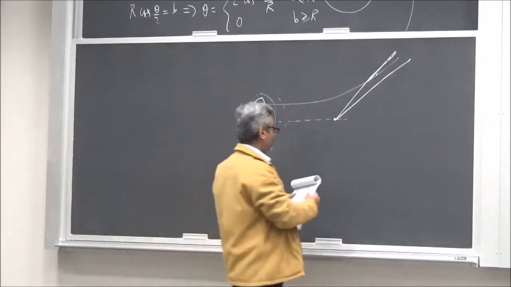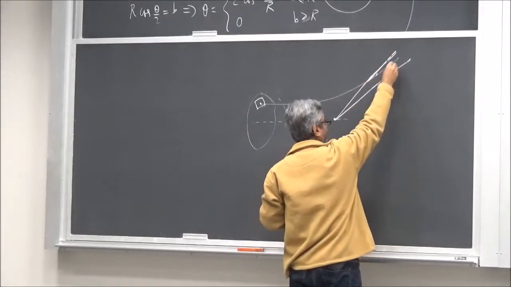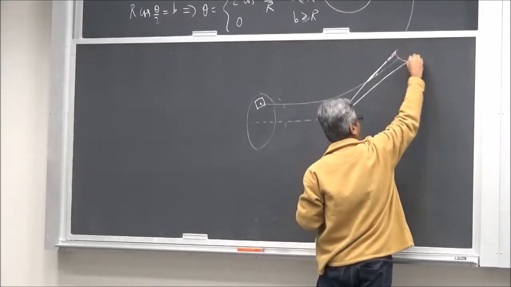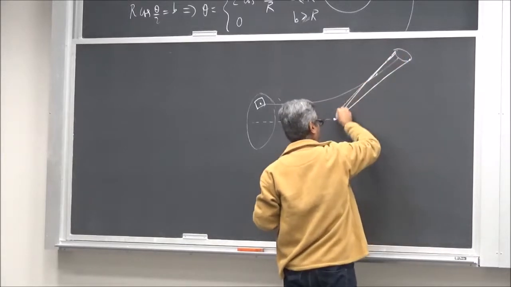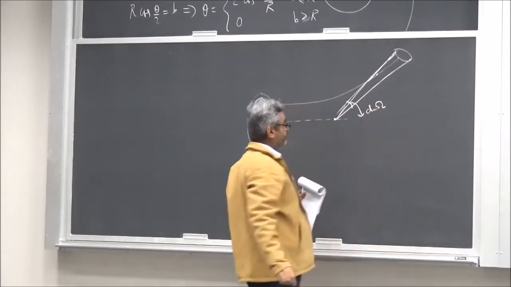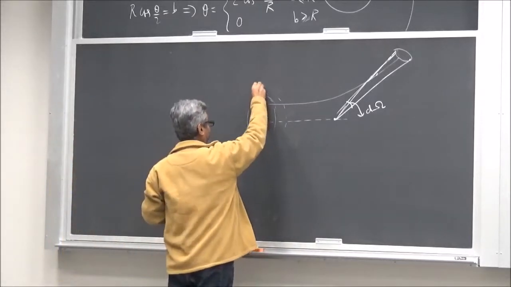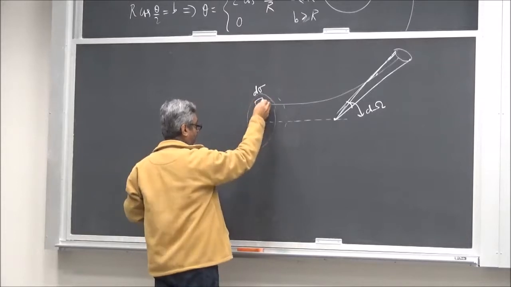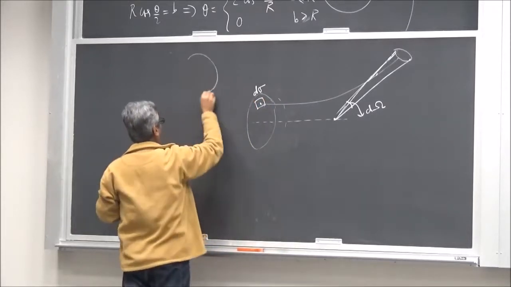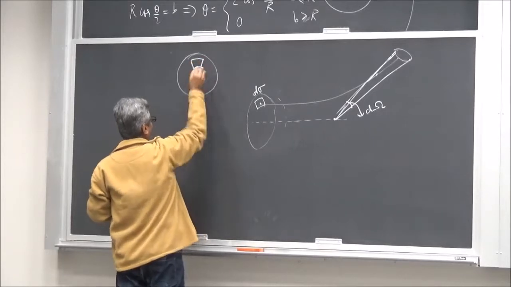I don't know how to draw this, but this is an area, and this angle is the solid angle unit. If you call this area d sigma, if I draw it like this, this basically is something like this.